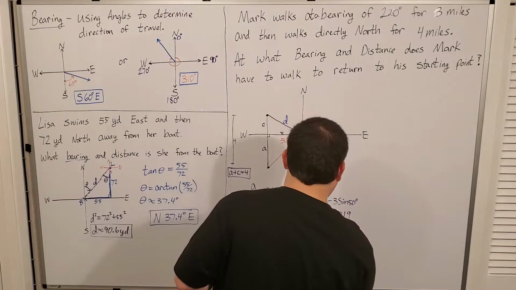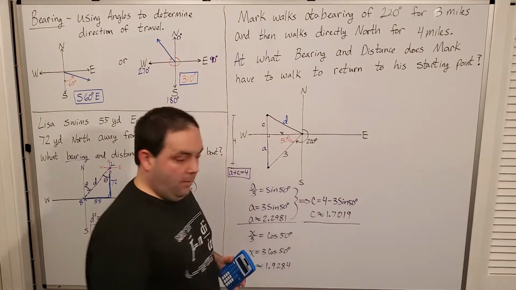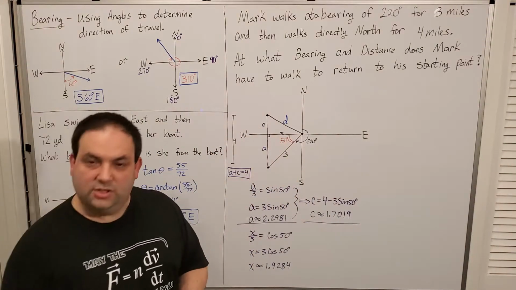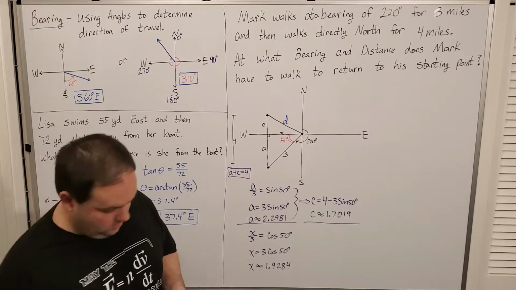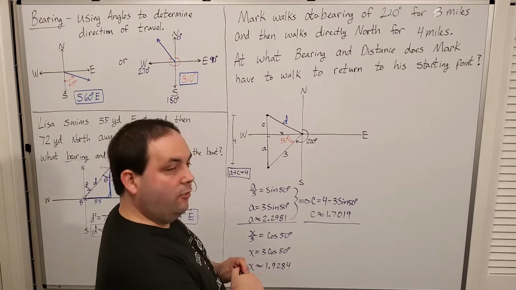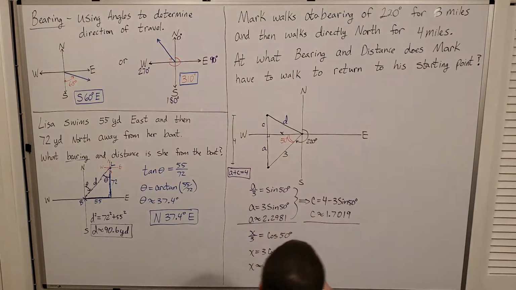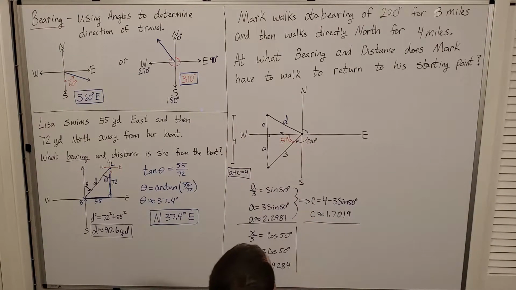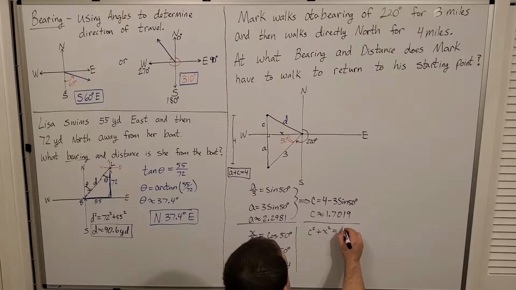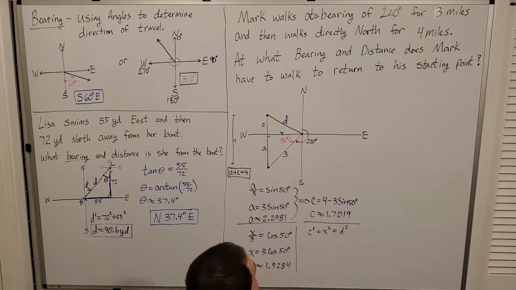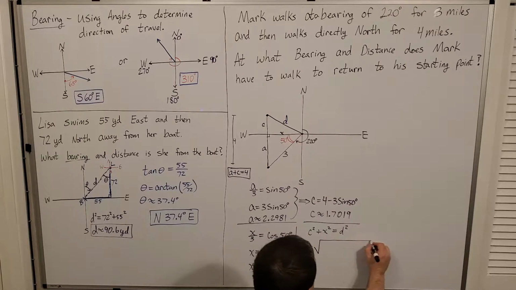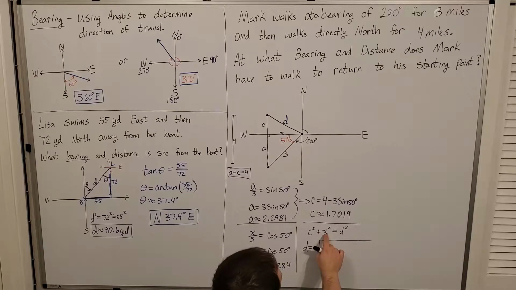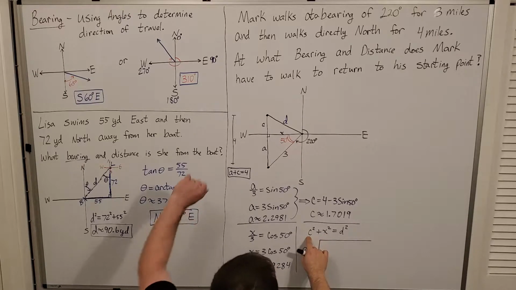Okay, so now I'm in an awesome position to calculate what the distance is here, because I can just use Pythagorean theorem. Obviously, C squared plus X squared is equal to D squared. So my D is going to be equal to the square root of X squared plus C squared, right?